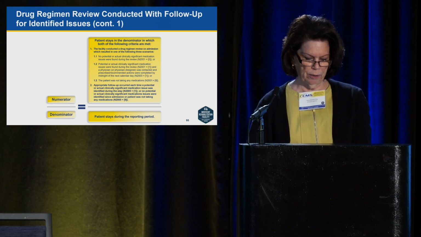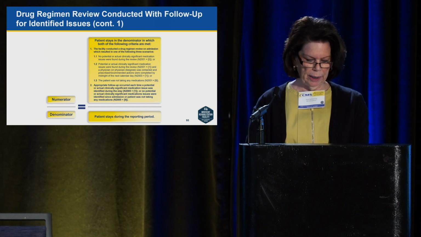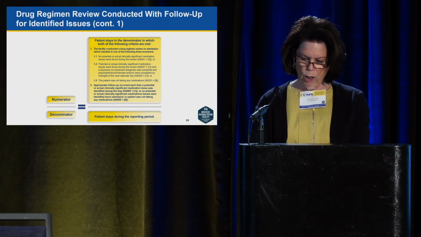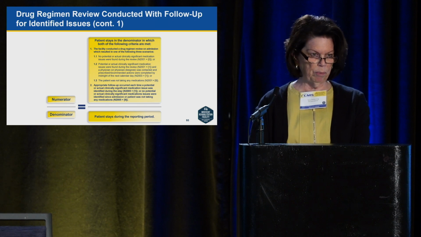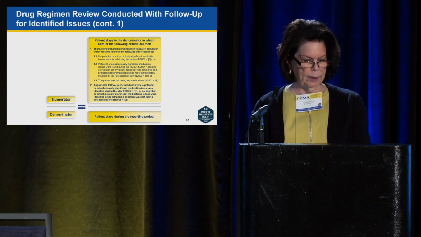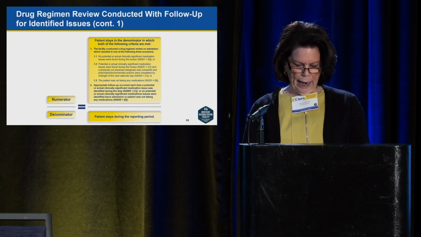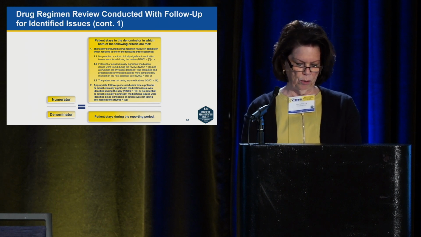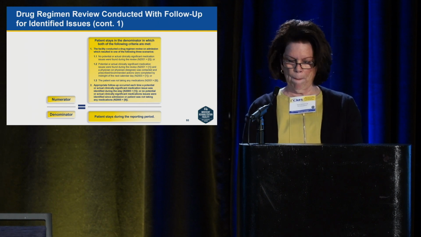The first criteria is the facility conducted a drug regimen review on admission, which resulted in one of the three following scenarios. The first scenario is no potential and actual clinically significant medication issues were found during the review, or in other words, N2001 equals 0.